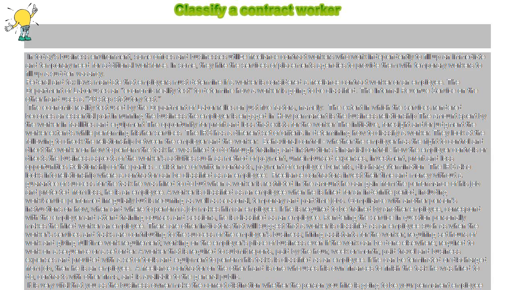The Internal Revenue Service, on the other hand, uses a 20-step statutory test.